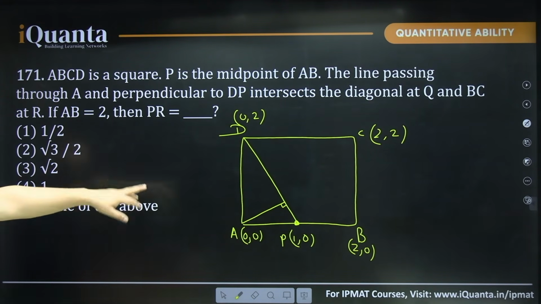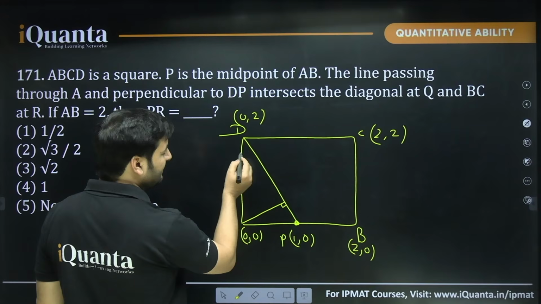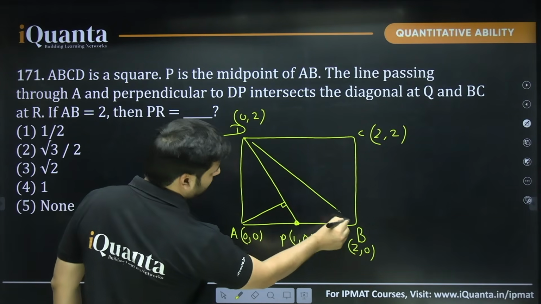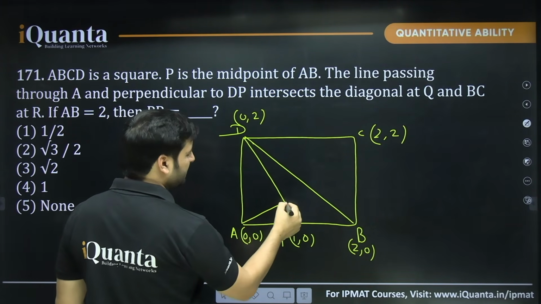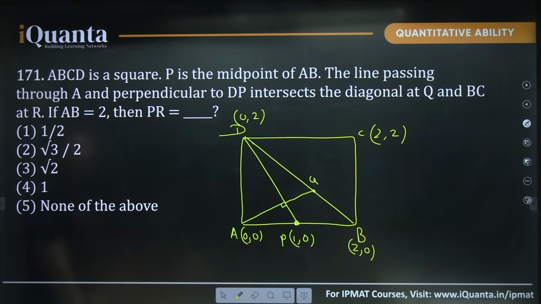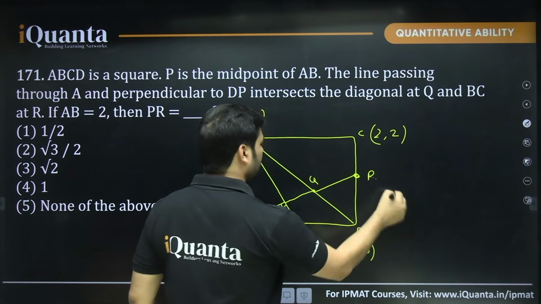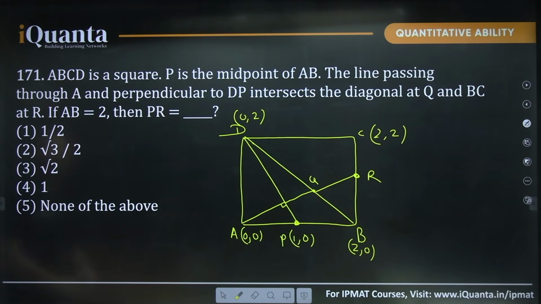Okay, perpendicular to DP, intersects the diagonal at Q. So BD is the diagonal. It is going to intersect it somewhere around Q. And BC at R. So just make it reach here. If AB is 2, it wants us to calculate the value of PR.